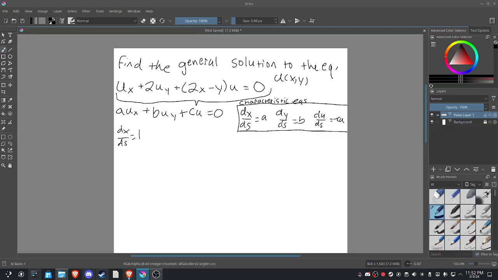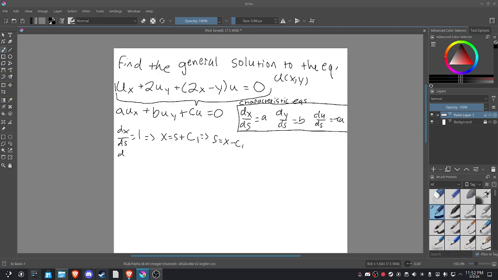If we go back to the original equation, you can just put a 1 here. This shows us that if we integrate this correctly, x equals s plus c1, which will also show us that s equals x minus c1.